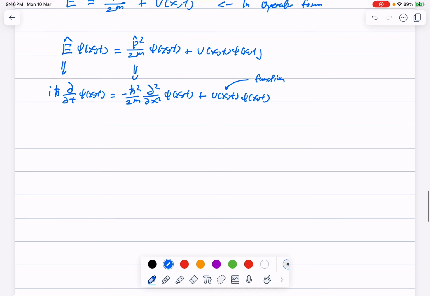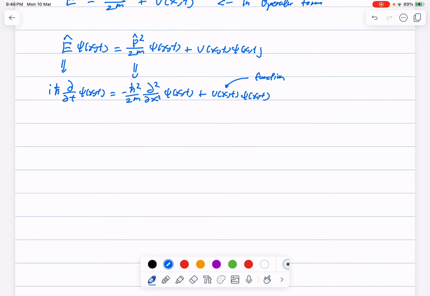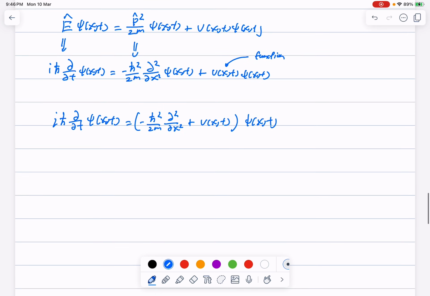We could factor out psi(x,t), and we define what is left as the Hamiltonian operator.